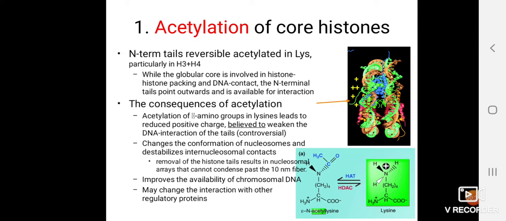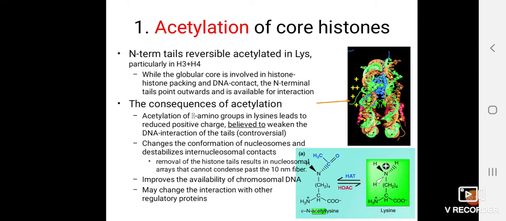So this acetylation is going to change the nature of the side chains of the histone chains, because histones at the N-terminal region have a series of positively charged amino acids.